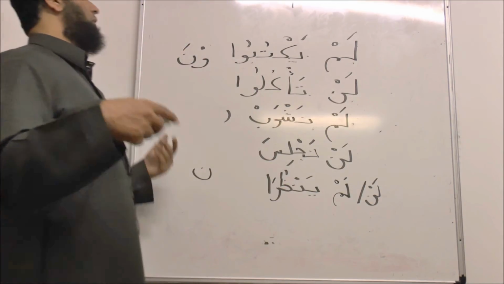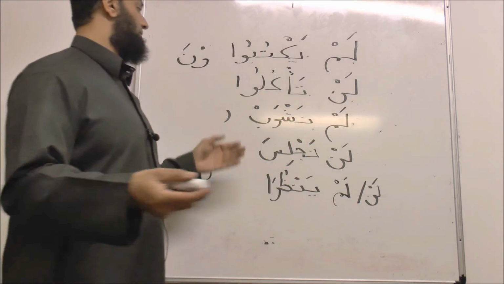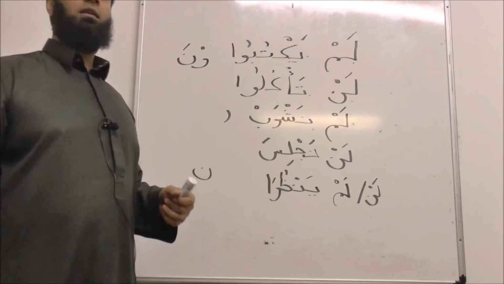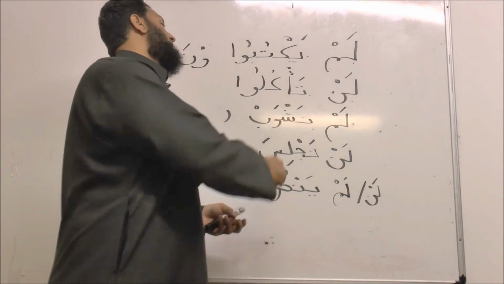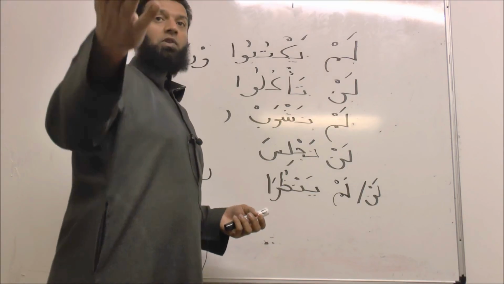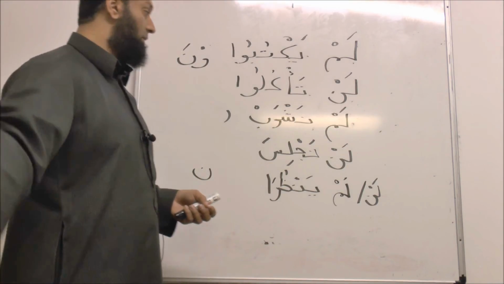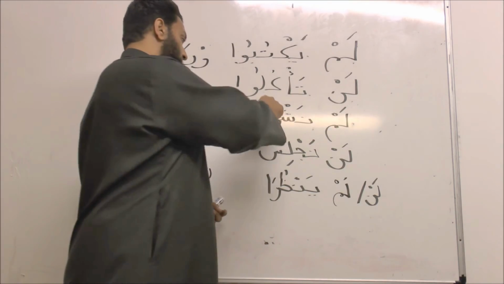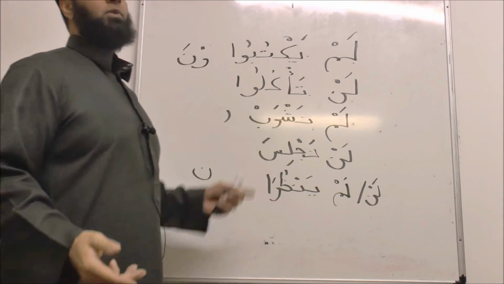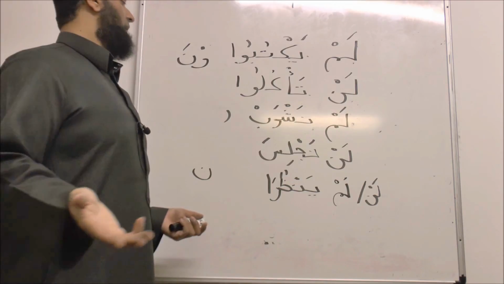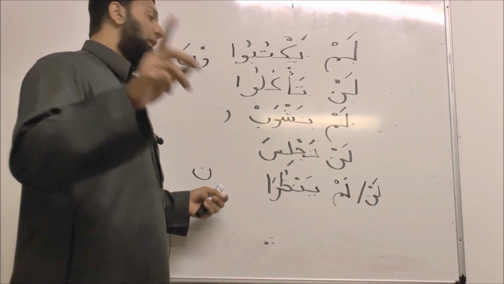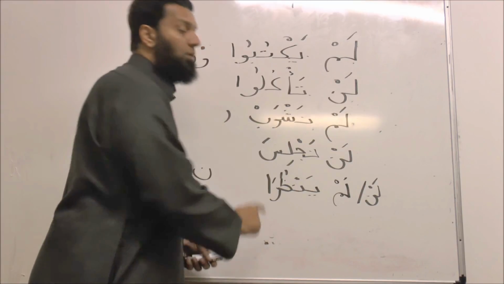When it ends in a dhamma ordinarily, like ashrabu, tashrabu, yashrabu or nashrabu, then it just becomes sukoon. And when it is dual, then you drop the noon.